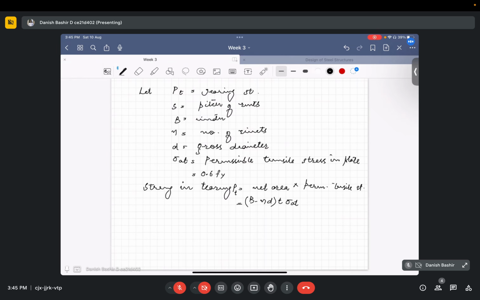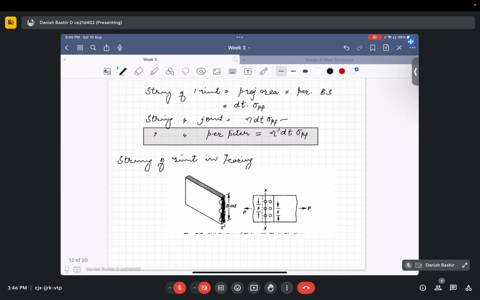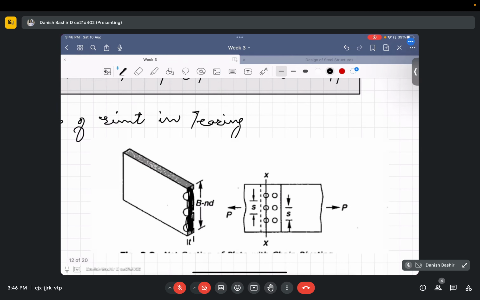If we see strength in tearing per pitch length, if this distance is the pitch, one rivet will come into that. This is one rivet, so one diameter will be subtracted.